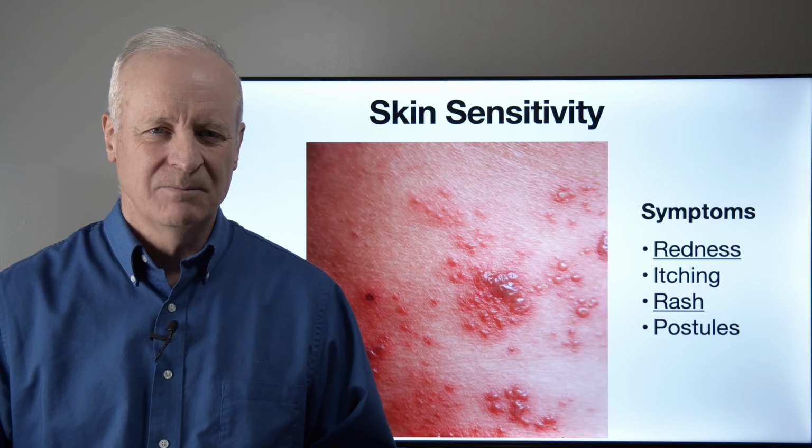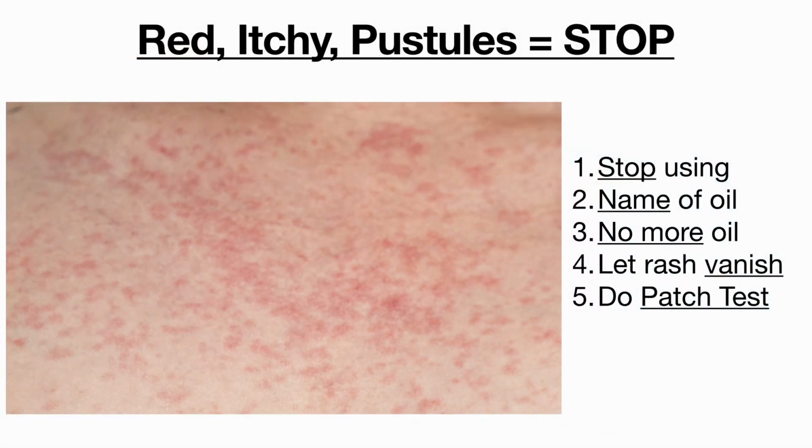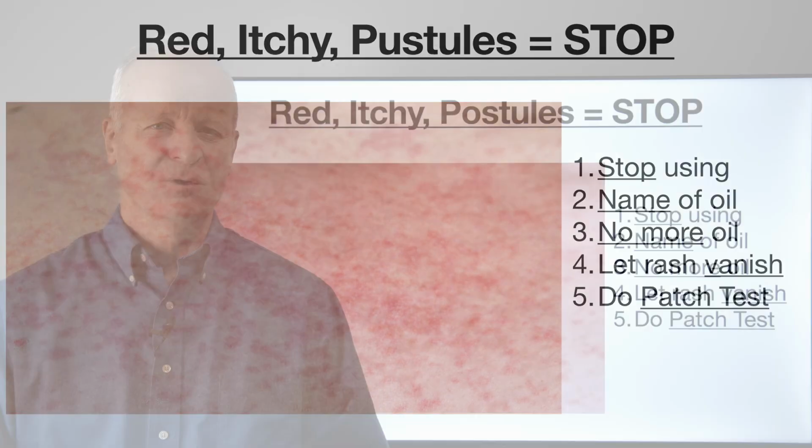Now, the best thing to do if there's a redness or a rash or pustules that form, or if it itches, is just stop using it. Write down the name of the one or more oils that have been used and don't use them. The only way to identify which one it is is to do a patch test, which we'll talk about in the future.